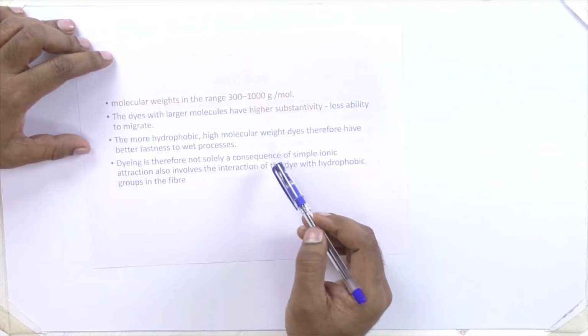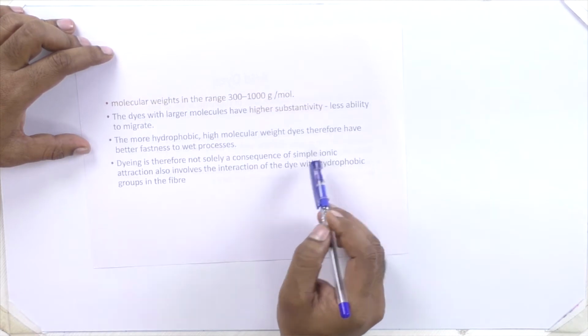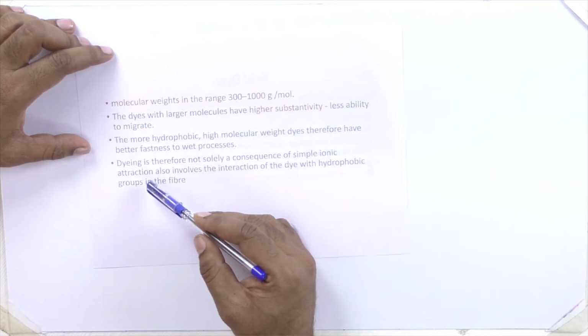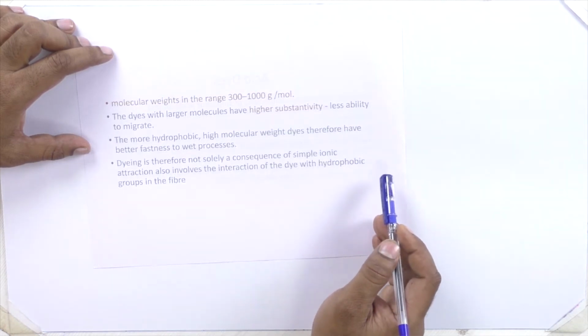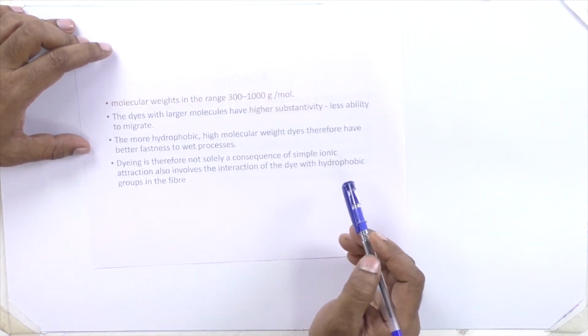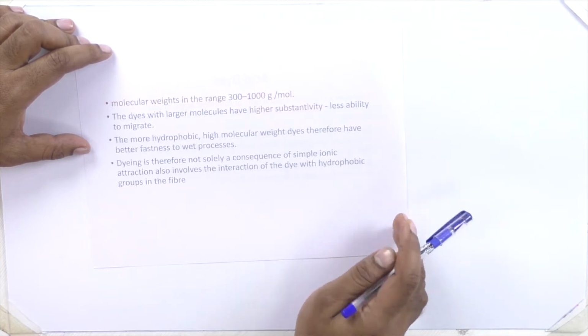Dyeing is mainly through ionic attraction. Fiber cations are attached to dianions, so ion exchange happens between dye and fibers.